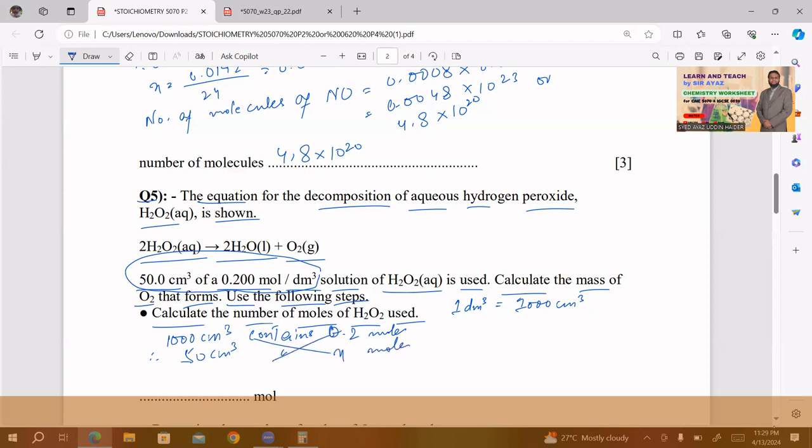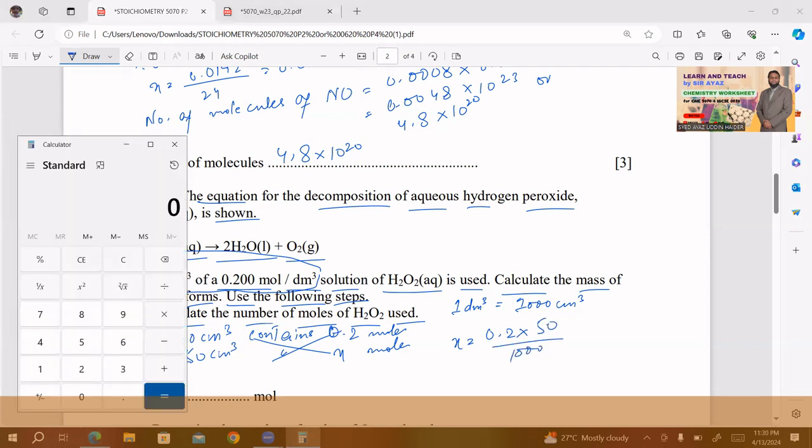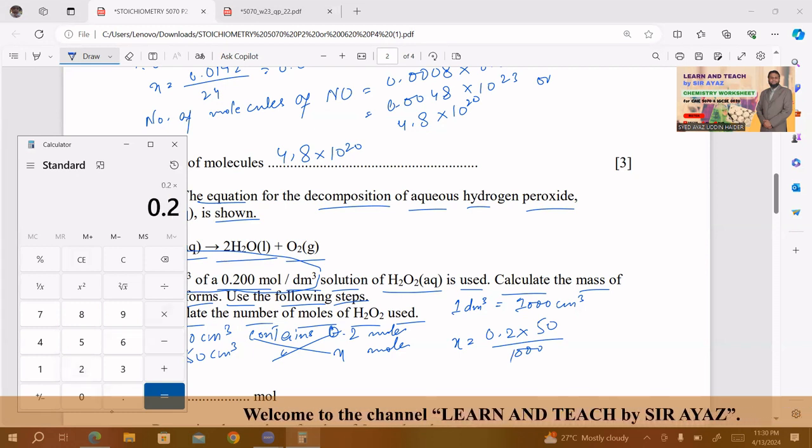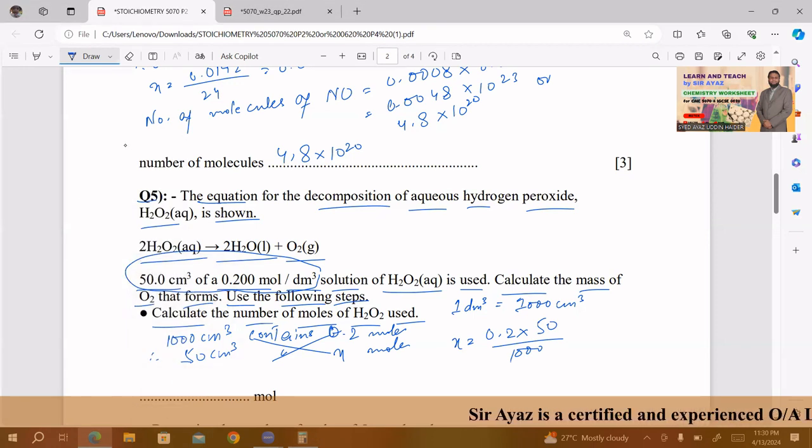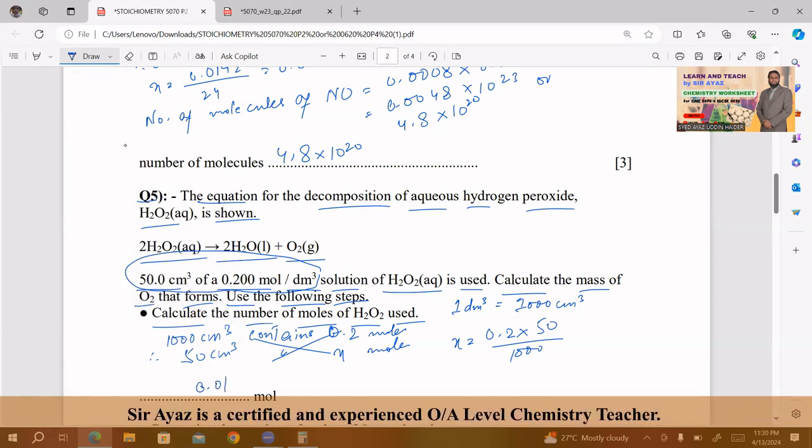Do the cross, you will get X is equal to 0.2 multiplied by 50 and divided by 1000, which is 0.01.